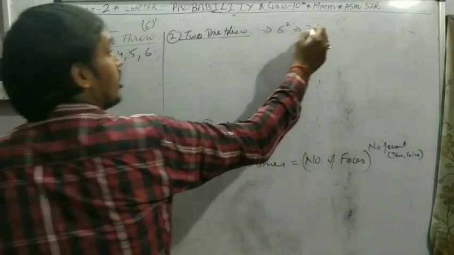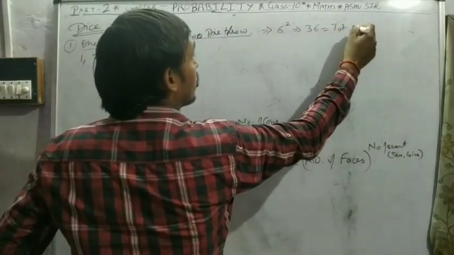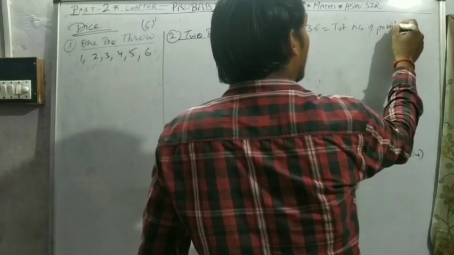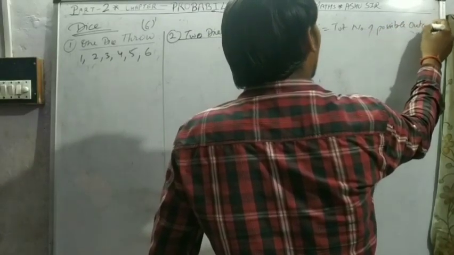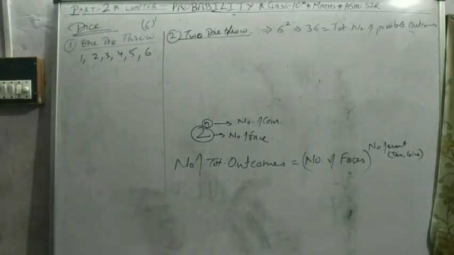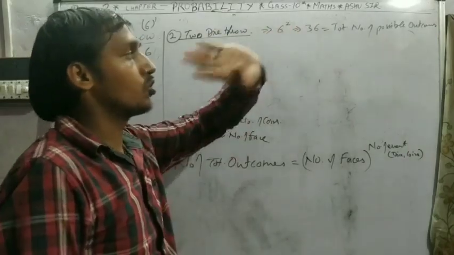Means 36 is the total number of possible outcomes. If you throw 2 dice, you get 36 outcomes.